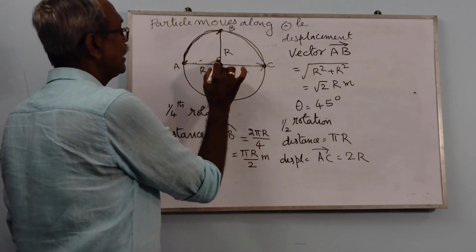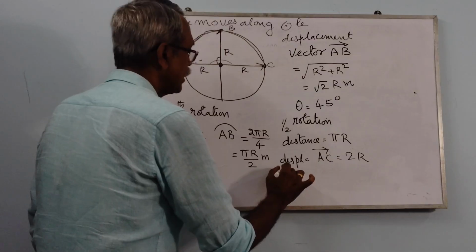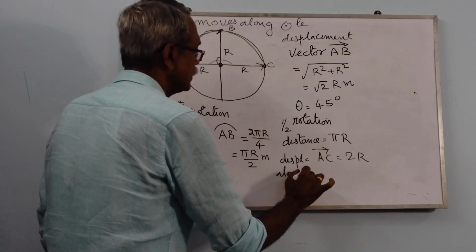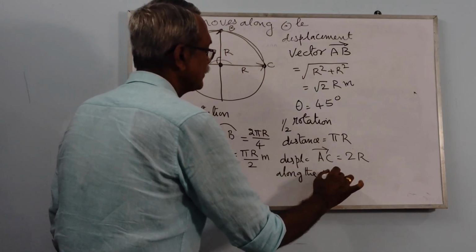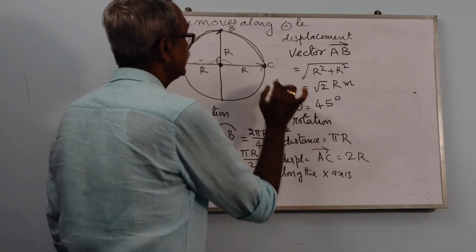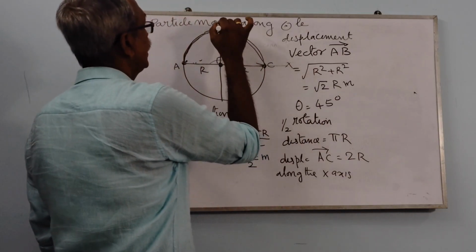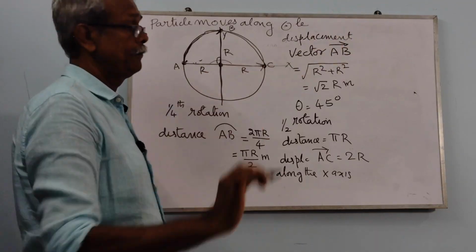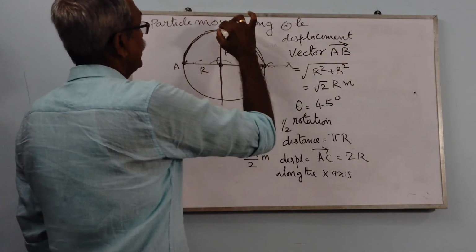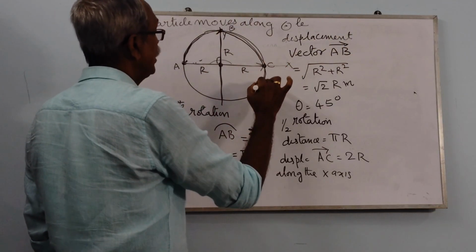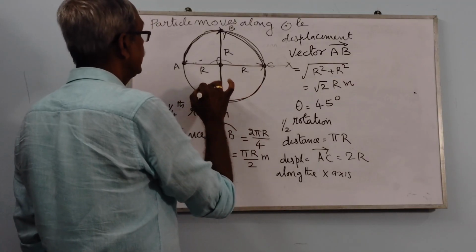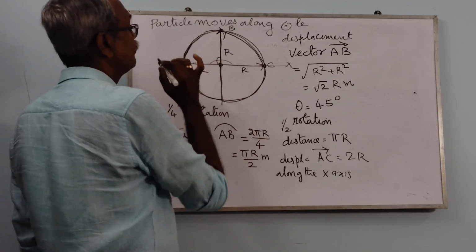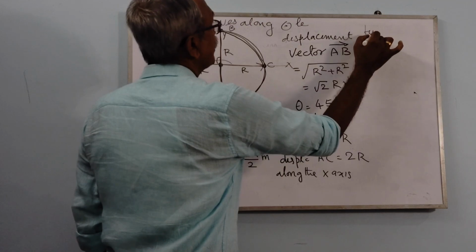And this angle is 180 degree, therefore it is along the x-axis. If I take this as the x-axis and this as the y-axis, it is along the x-axis. And for complete rotation, it reaches here, full rotation.